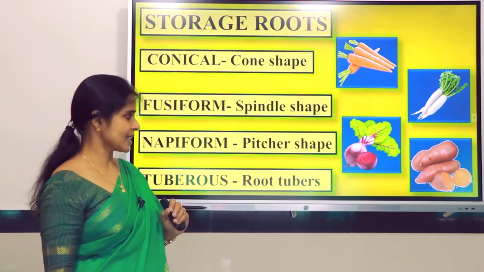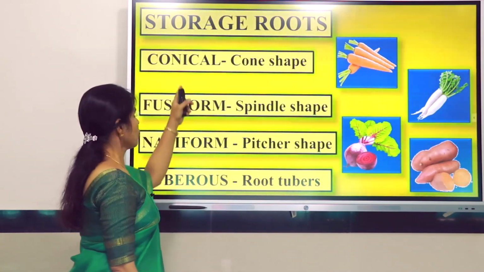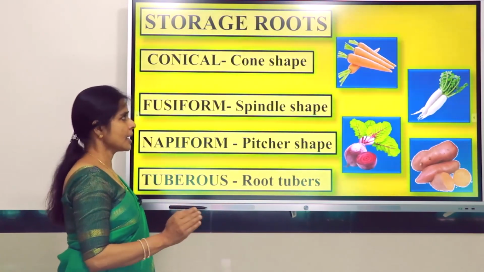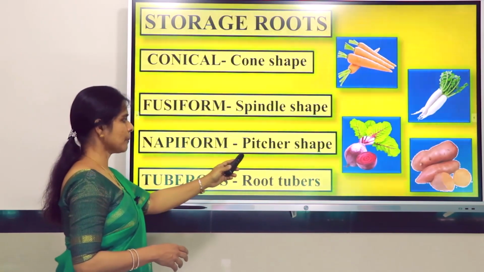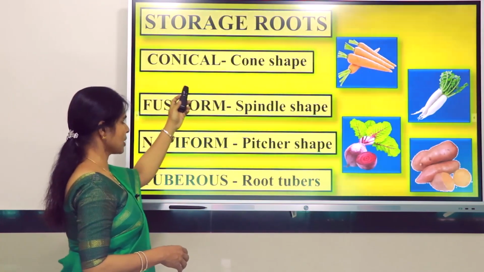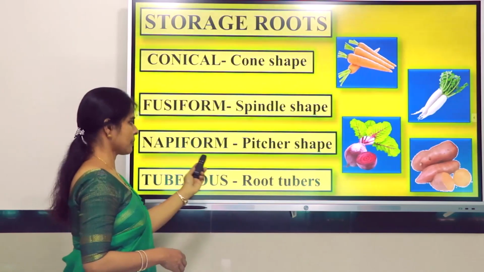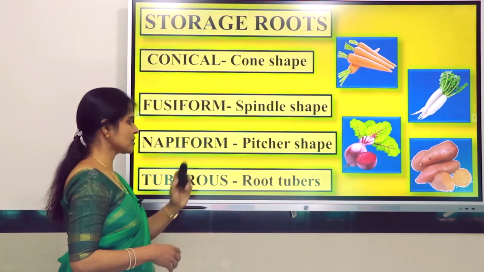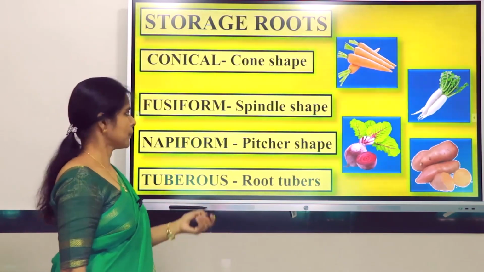Sweet potato is an example, again a root modification. So, the storage roots are modified into different shapes: cone shape, spindle shape, pitcher shape, tubers. They are known as conical in carrot, fusiform in radish, napiform in beetroot, turnip, etc., and tuberous root tubers in sweet potato.